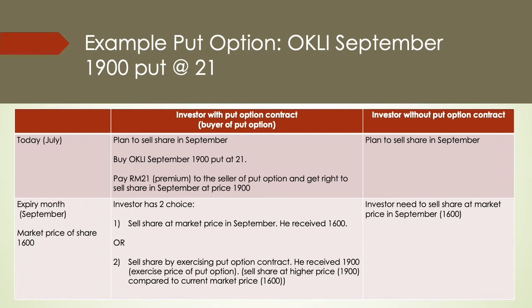So basically, he can sell at a higher price, which is the exercise price of put option contract, 1,900. So if you have put option, you have two prices to sell your shares. You can sell at the market price or you can sell at the exercise price. Investor without put option contract can only sell his share at the current market price in September, which is at 1,600.